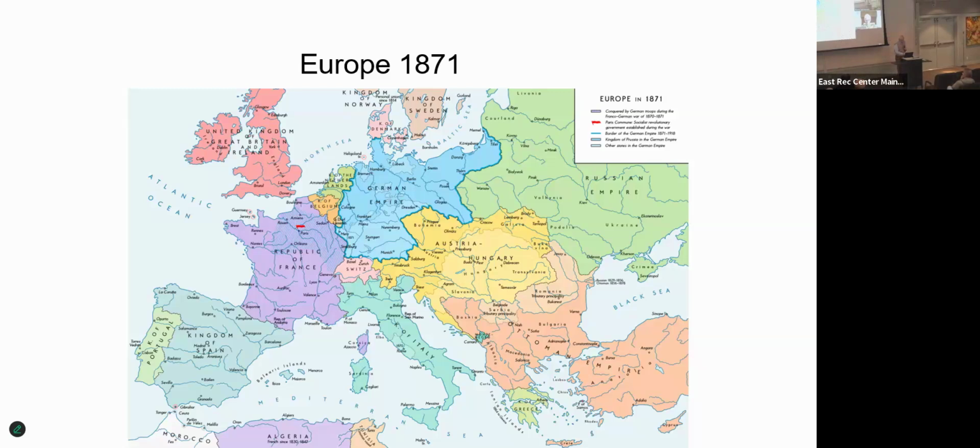So if you remember, I started off saying that in the United States, they were coming in 700 a year. For instance, in 1870, there were 60,000 Jews in New York. By 1910, there were at least 1,100,000 Jews in New York.